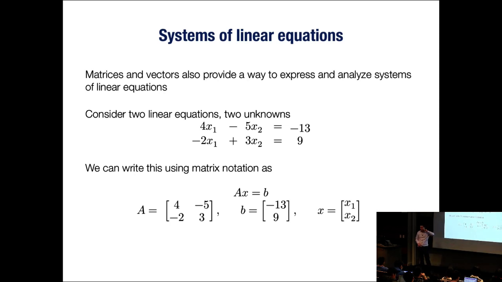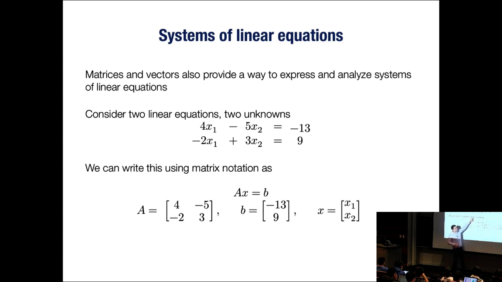If I have 100 equations and 100 unknowns, writing it term by term and specifying every single coefficient and every single element gets pretty cumbersome. So matrix notation was developed to simplify how we talk and write about sets of linear equations.